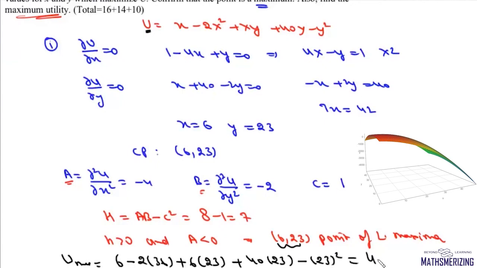And this value is 463. So our critical point is (6, 23), which is the point of local maxima, and the maximum value of this utility is 463. So this is how we find maxima and minima for functions in several variables.